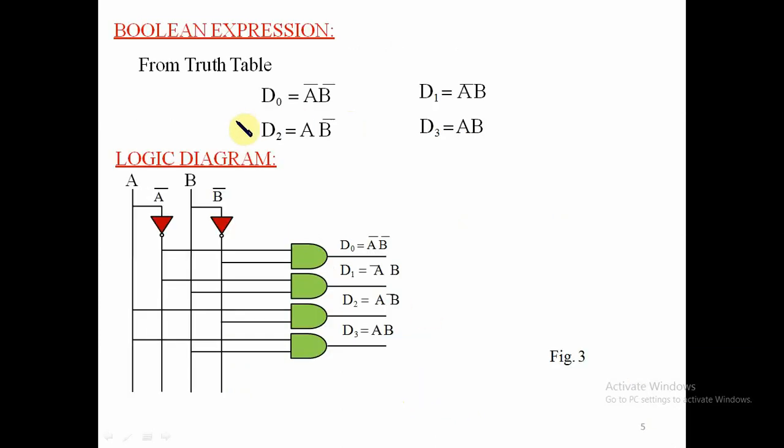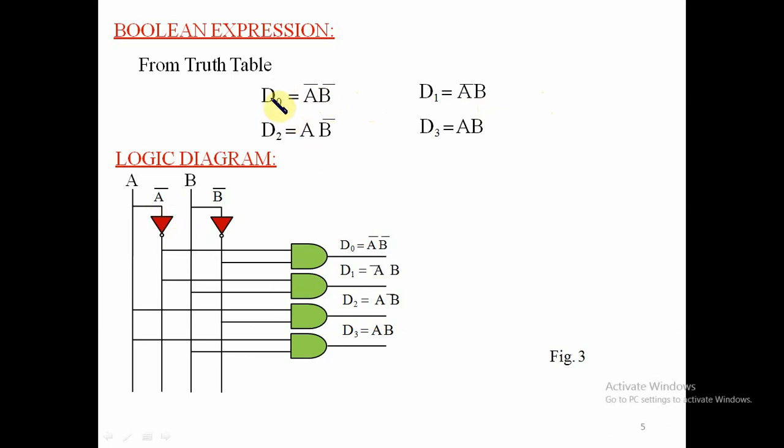Here we get the output equations, and using those outputs we drew the logical diagram. A and B are the inputs, and here we connected a NOT gate, because sometimes we need the inverted input, hence we connected NOT, that is the inverter.